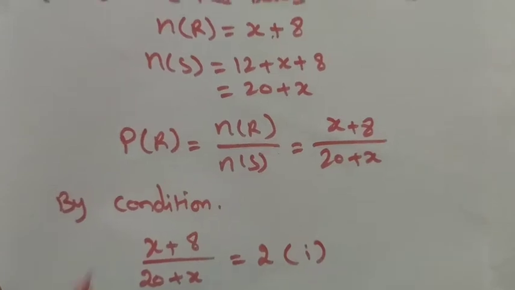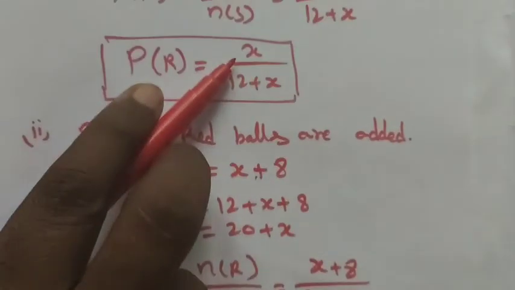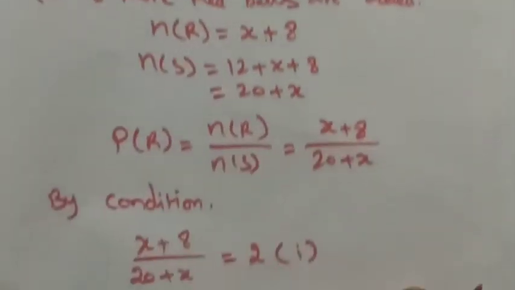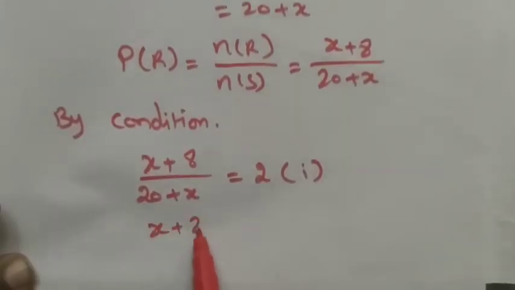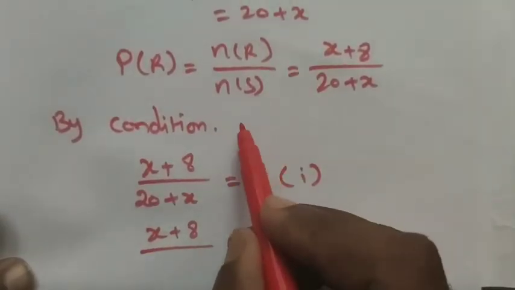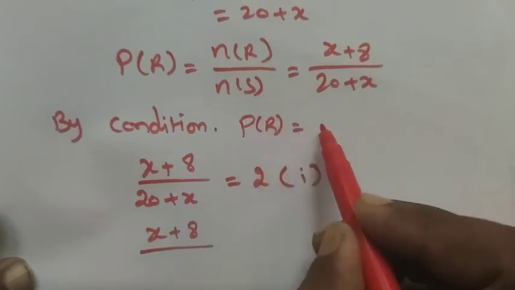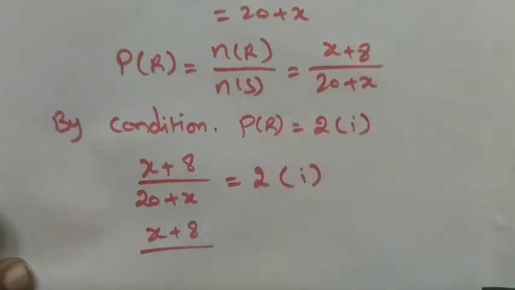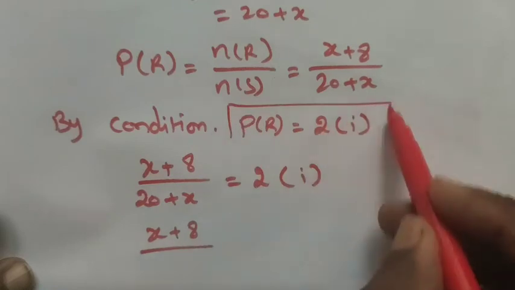What is Roman number 1? We have already found it: X divided by 12 plus X. So the probability of getting a red ball is equal to 2 times the first Roman number, as given in the condition.